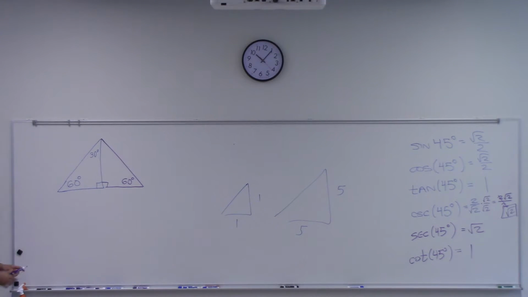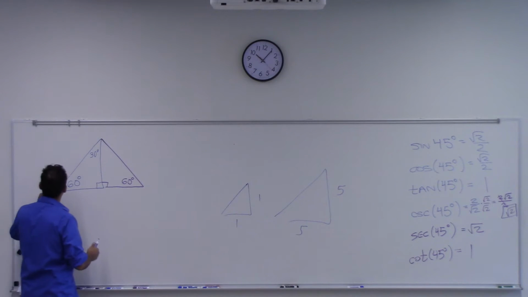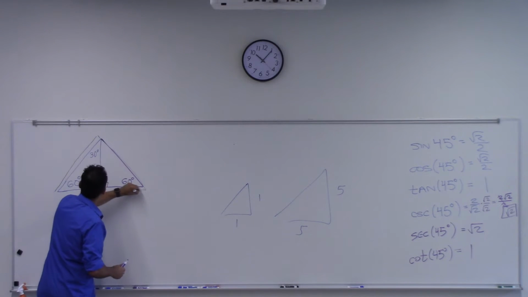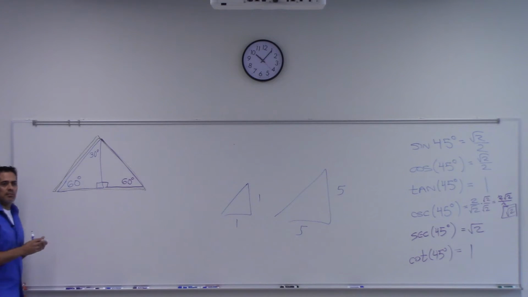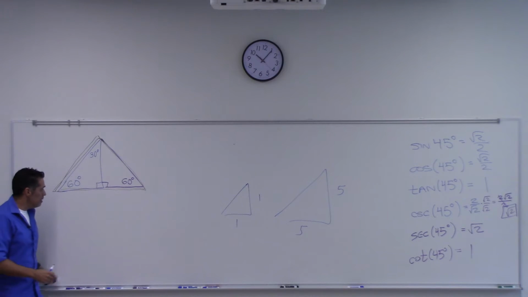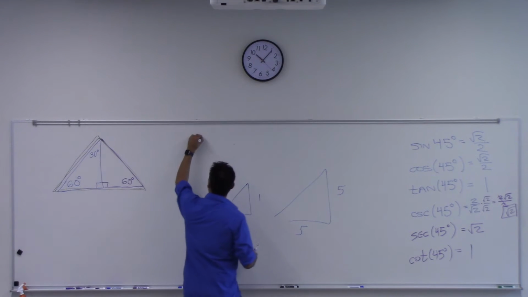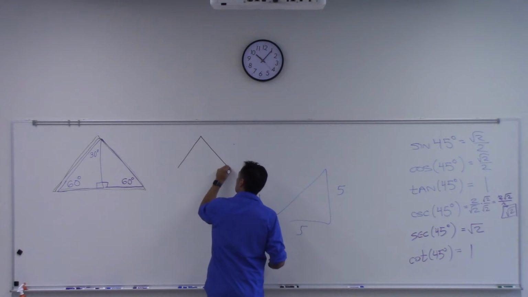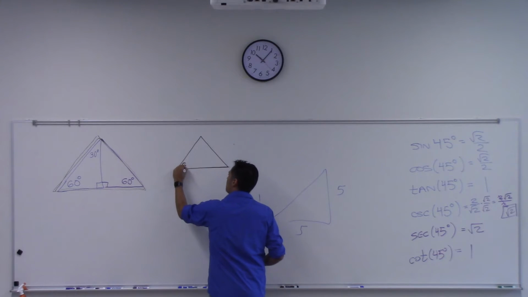What kind of triangle is this new triangle that I've created, this big one right here? Do y'all know what we call this triangle? Do you notice in this big triangle what all the angles are? This is 60, right?